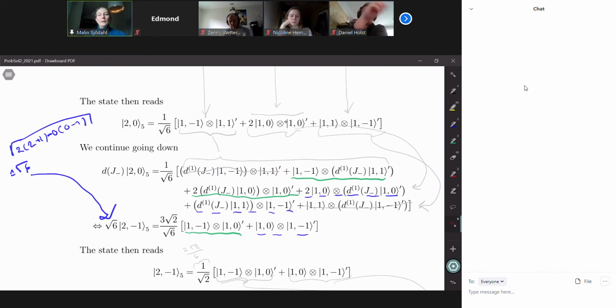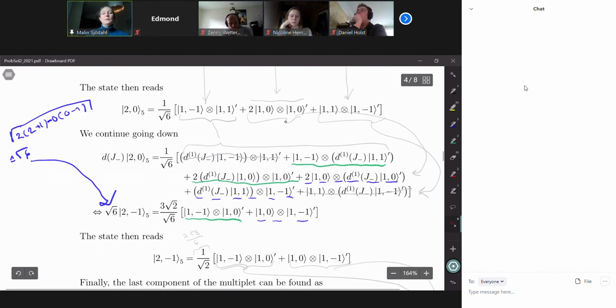It's the same thing for this guy, and this guy. So let's explore at least the first row here. Here we act with the minus on this state, and this state stands. Then we act with the minus instead on the second state, so over here, and this state stands.